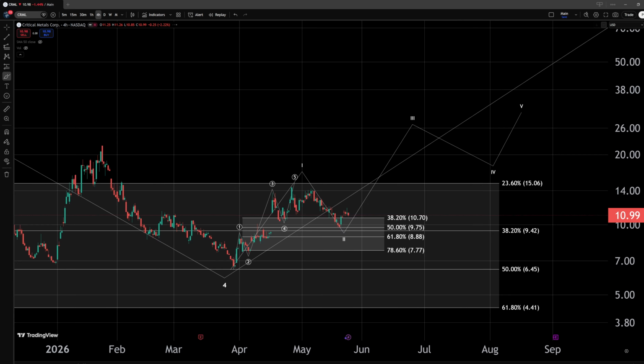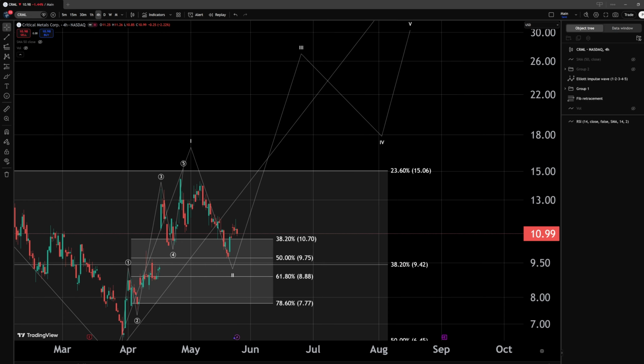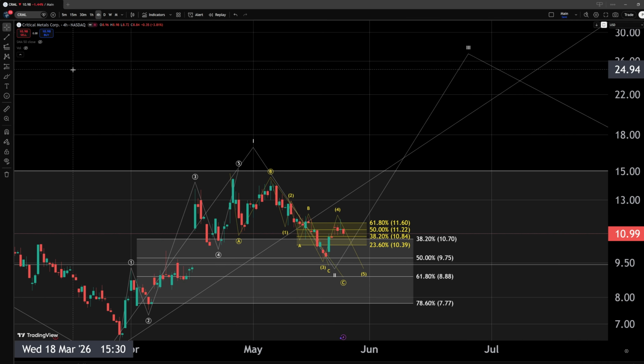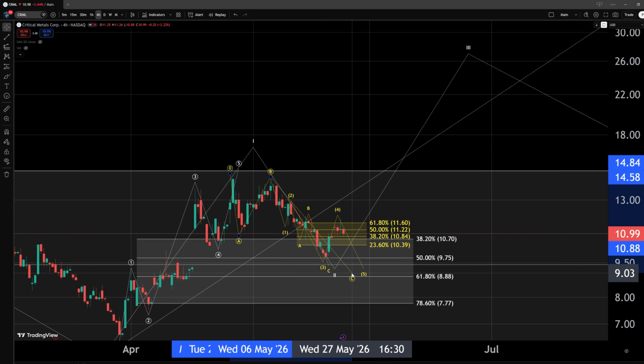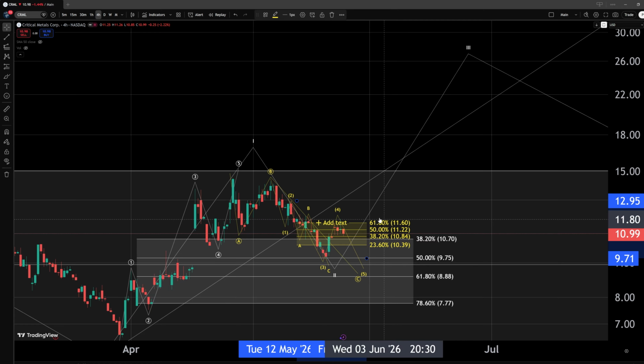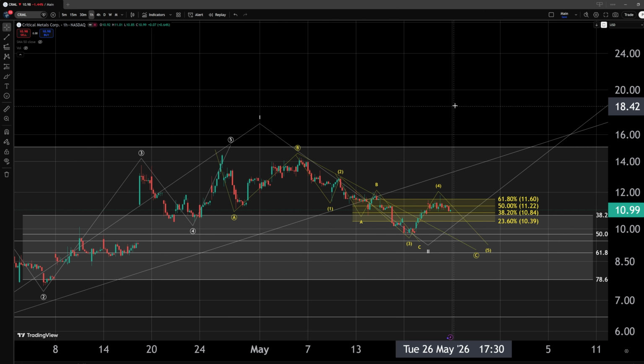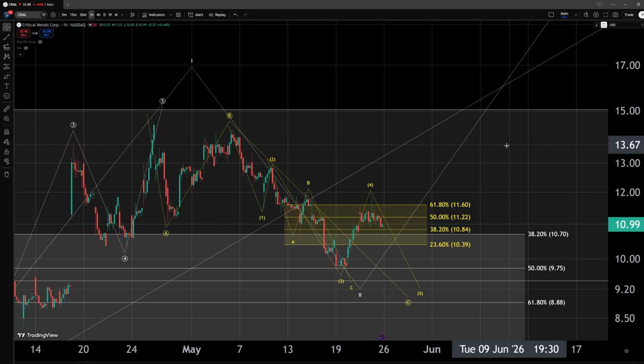Now, in the smaller time frame, we have identified previously this idea of an ABC structure that could take place here. I would actually still find it favorable for this to be a more clearly complete wave C to form actually one more low. I am not ruling out one more low, especially since the levels of resistance for this structure have not yet been broken.